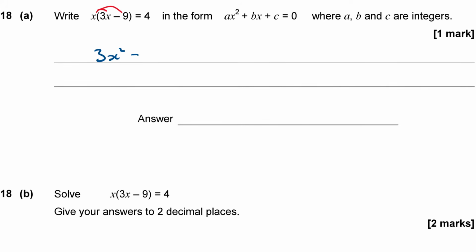X times negative 9 is going to give me negative 9x, and that's equal to 4. So then subtracting 4 from both sides, that's going to leave me with 3x squared minus 9x minus 4 is equal to 0 as required.